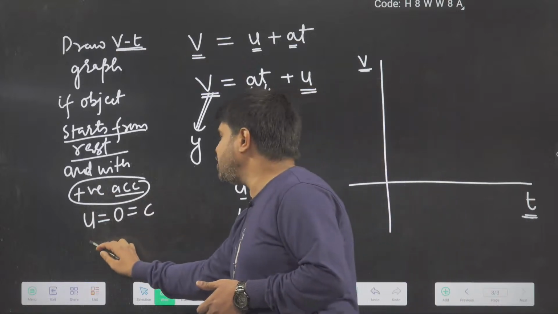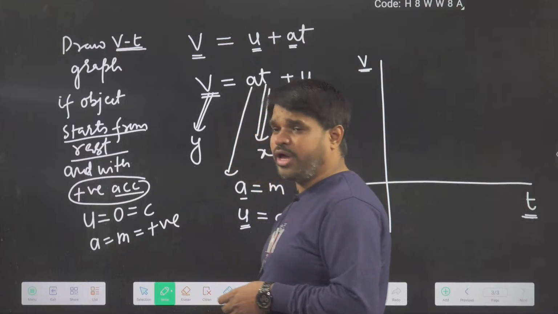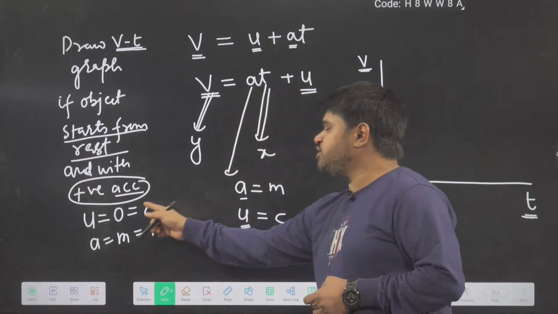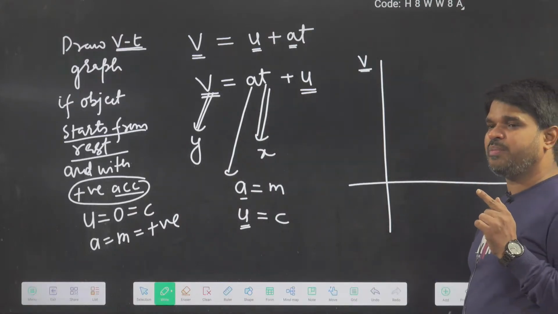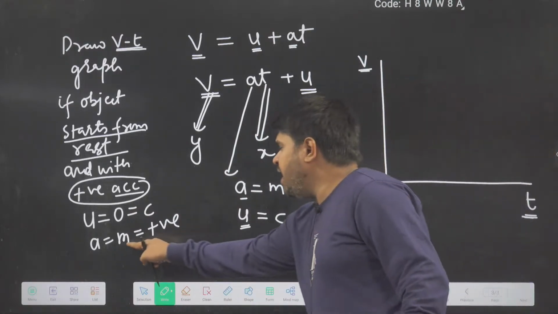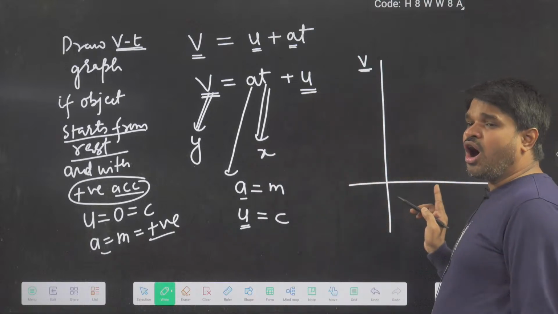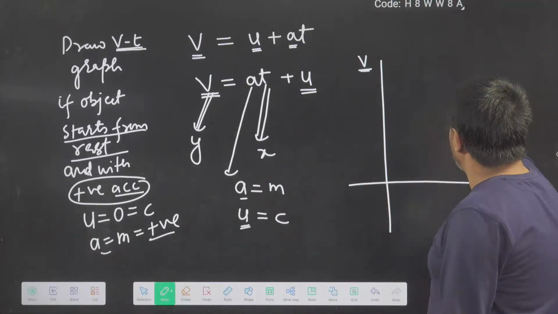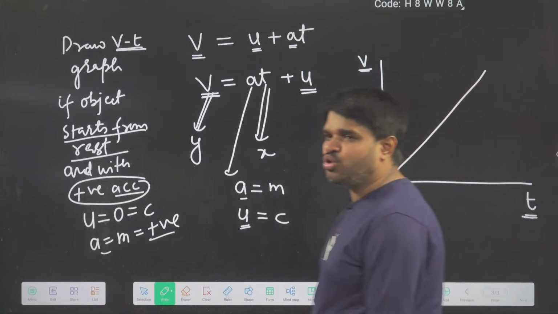Acceleration is playing the role of slope, so slope should be positive. C equals 0 means the line should be passing through the origin. So I have to draw a line of positive slope passing through the origin. This is how the line is going to look.